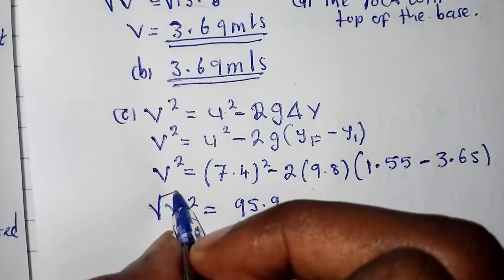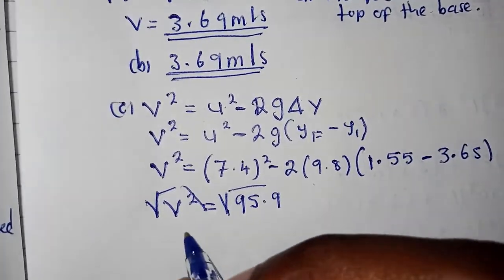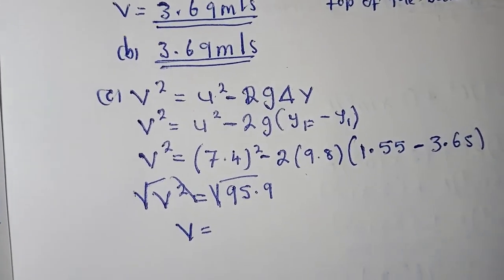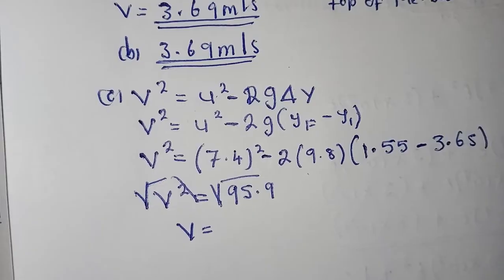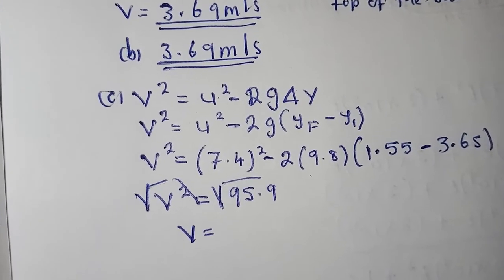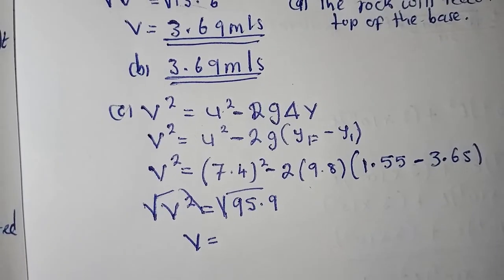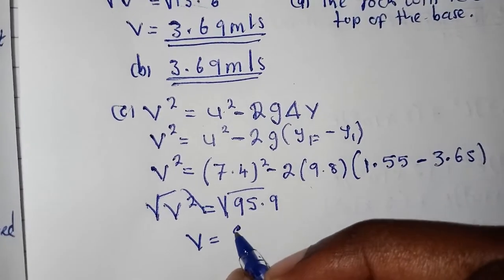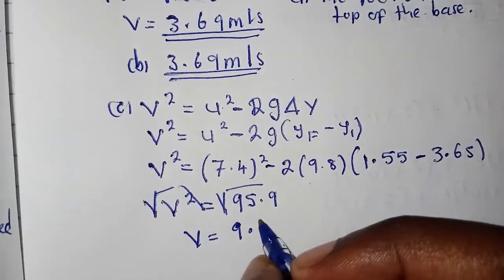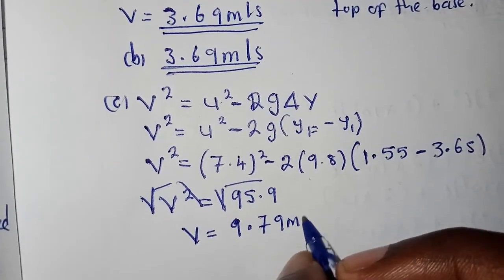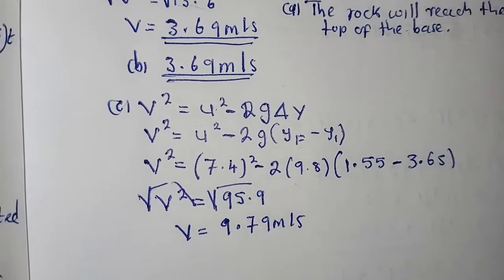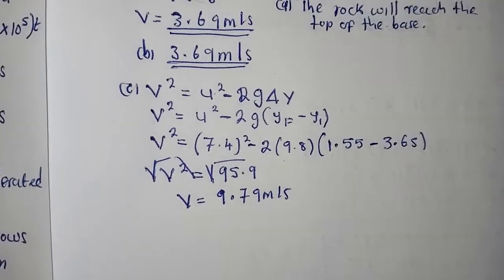The square root of 95.9 is giving me somewhere around 9.79 meters per second. Now, is this supposed to be negative or positive?